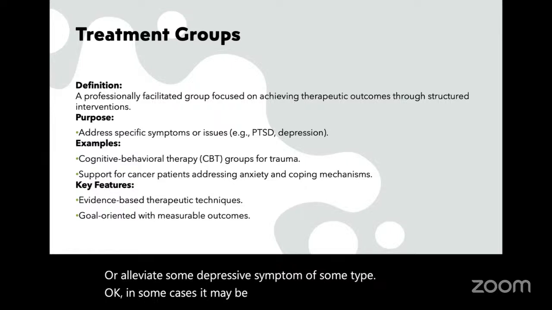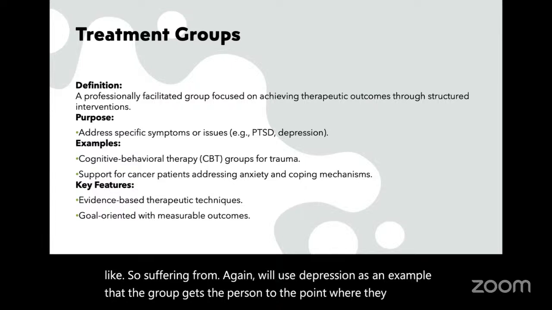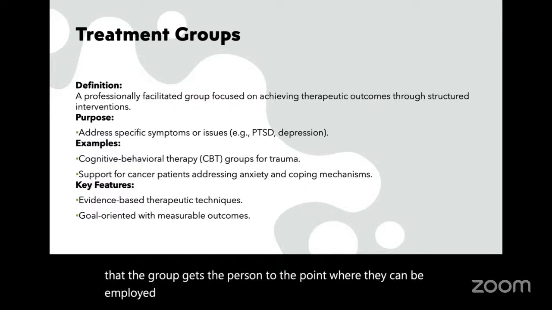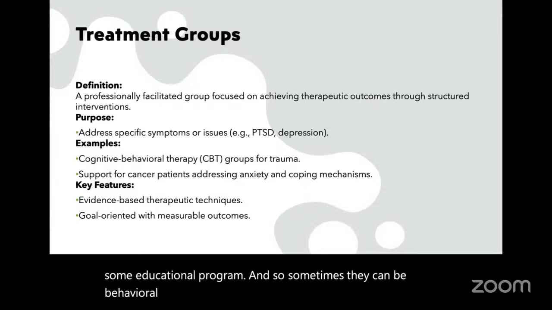In some cases, it may be broader. It may also include things like, again, we'll use depression as an example, that the group gets the person to the point where they can be employed full time, or they get some type of housing or get into some educational program. And so sometimes they can be behavioral, but usually the therapeutic outcome has to do with some type of relief of a symptom of some type.